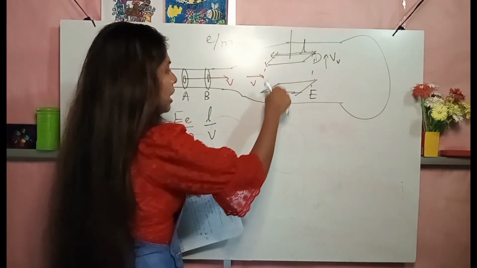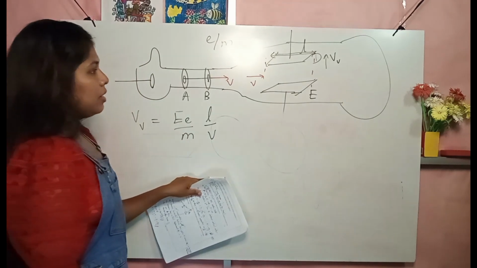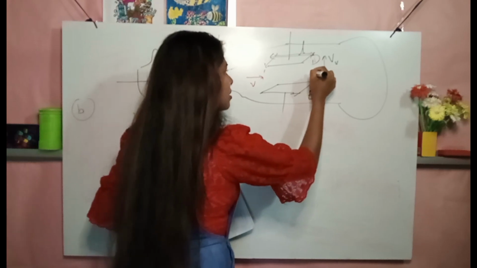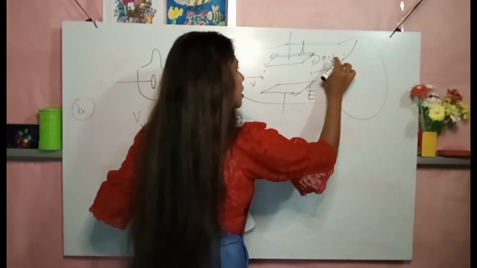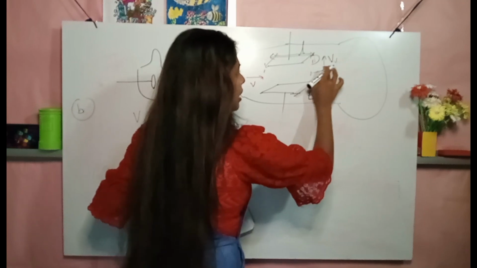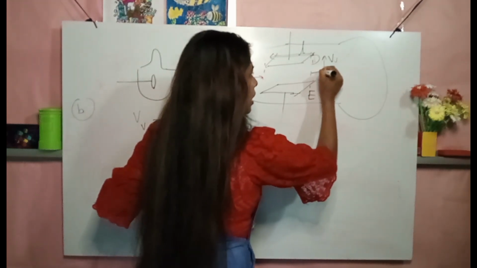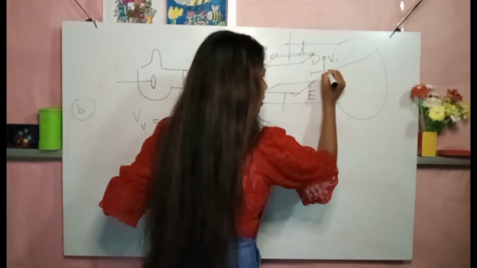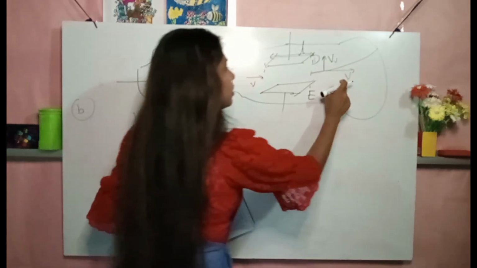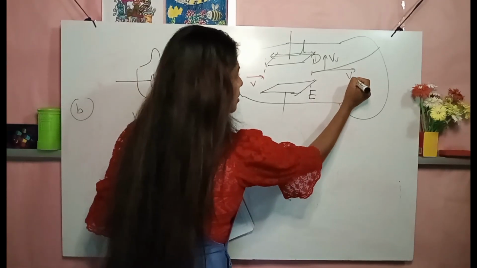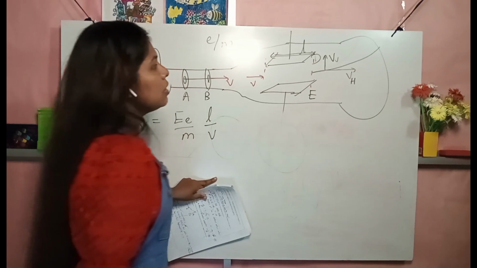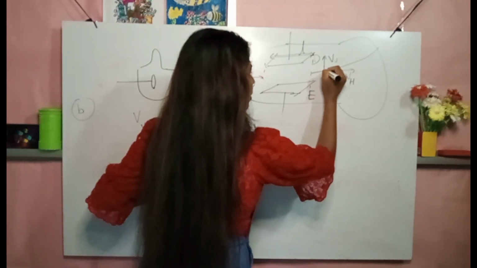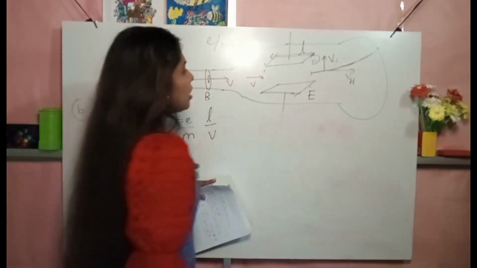When an electric field is applied here, what happens? The electrons start to move in a curved path like this, and from this one, the horizontal component can be taken as VH, and the vertical component of the velocity can be taken as VV, and the electrons are in a curved path.